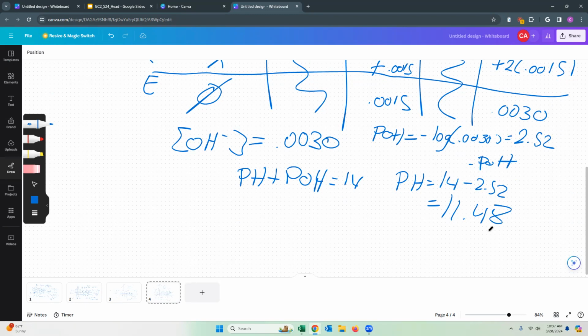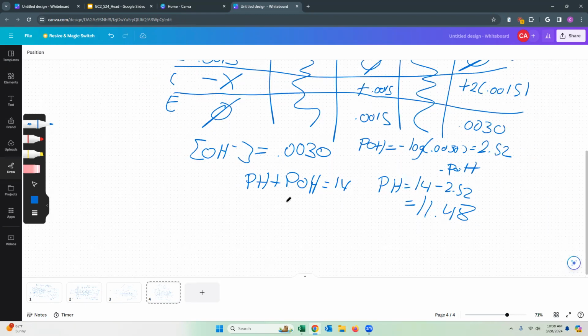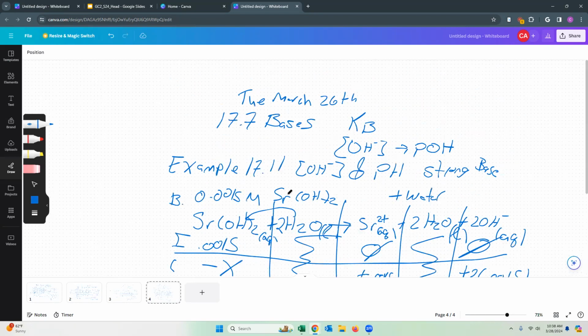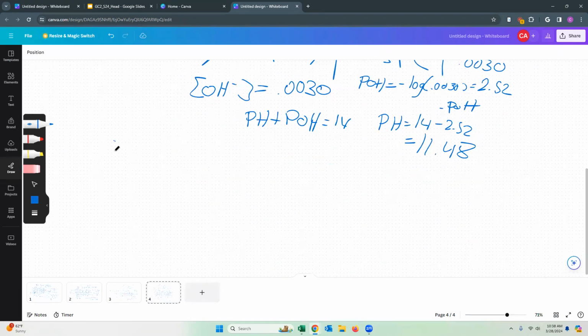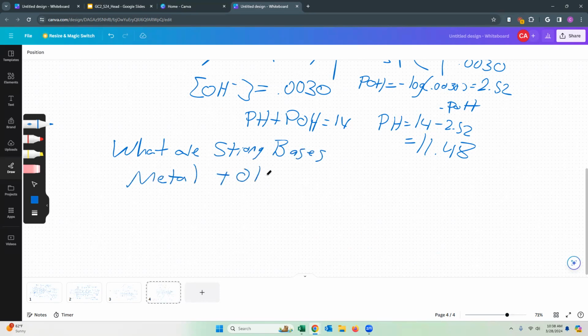So the thing to take away here is that your strong bases can have multiple OHs. And let's just briefly talk about, what are strong bases? Generally for us, a strong base will be a metal plus OH.